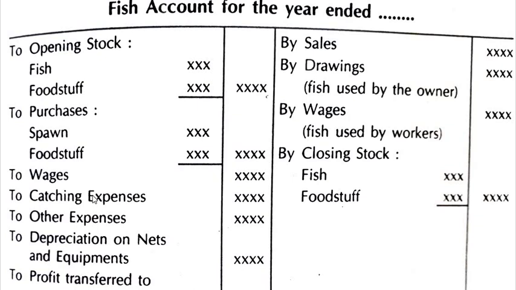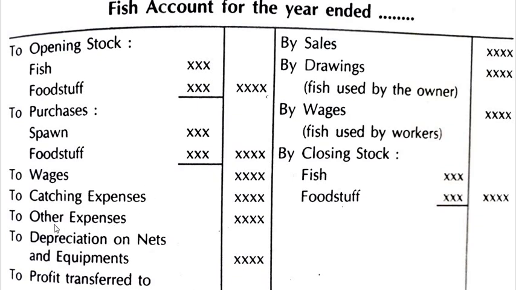To other expenses, to depreciation on nets and equipments is to be recorded. Coming to the credit side, by sales, by drawings, fish used by the owner, by wages, fishes used by owner, and by closing stock, fish and food stuff.